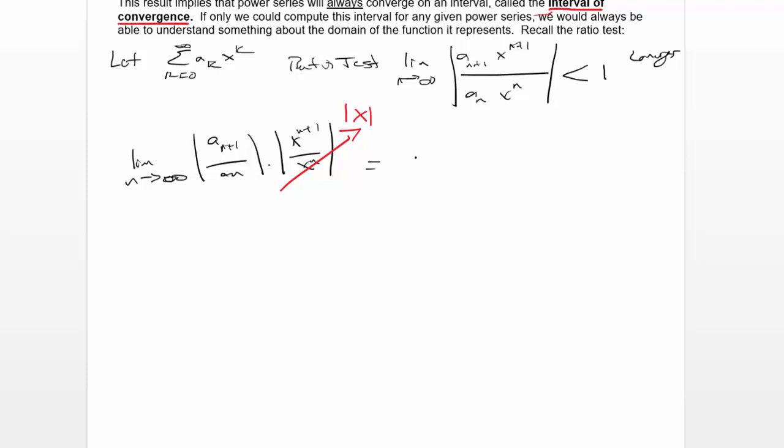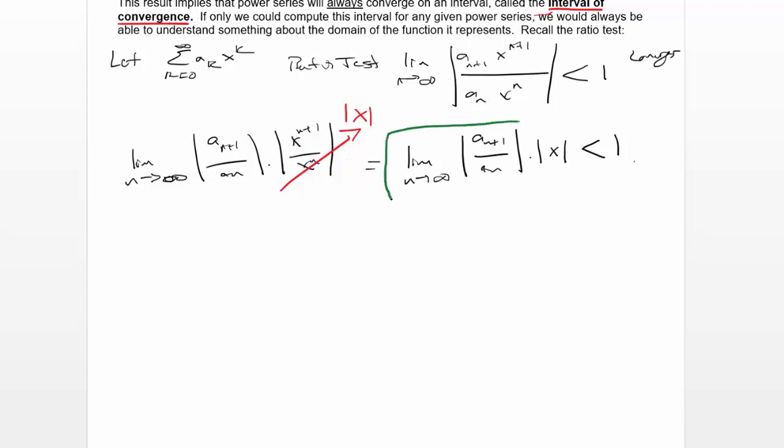So this is really just this limit times the absolute value of x. And this converges when this is less than 1. So what x's can you plug in? Well, x's we can plug in are x's such that when we evaluate this limit of this ratio, times x is less than 1. Or maybe better yet, we'll try to simplify this a little bit. I'm going to give this limit a name.